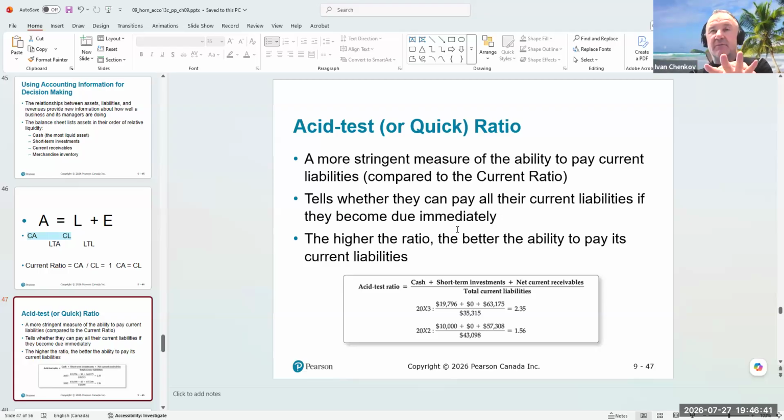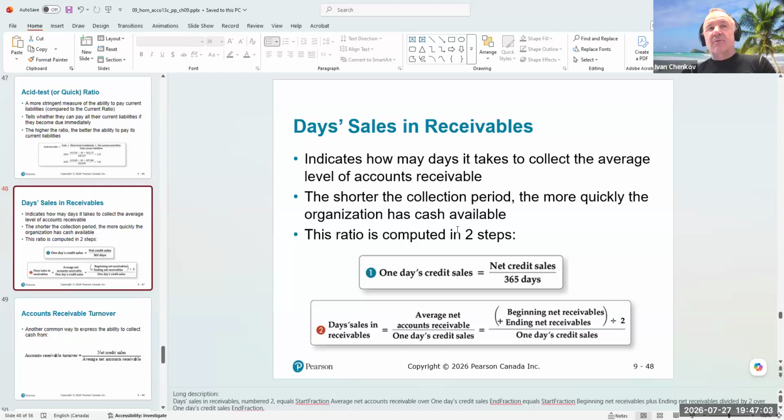Inventory is not easily convertible to cash because the option for the inventory is that it might become accounts receivables, and accounts receivables is not cash. So for that reason, we're going to have only cash, short-term investments, and net current receivables divided by the total current liability. That's how we're going to calculate it.